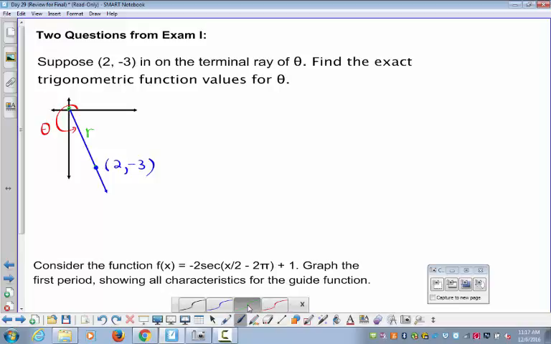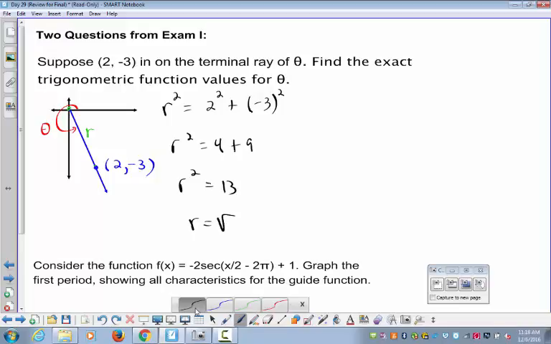How do we find that r? Pythagorean theorem? r squared equals 2 squared plus negative 3 squared. Now make sure you wrap up that negative 3 so that that minus will vanish. So we get that r squared is 13, so r is the square root of 13. Now we're ready to form our ratios.